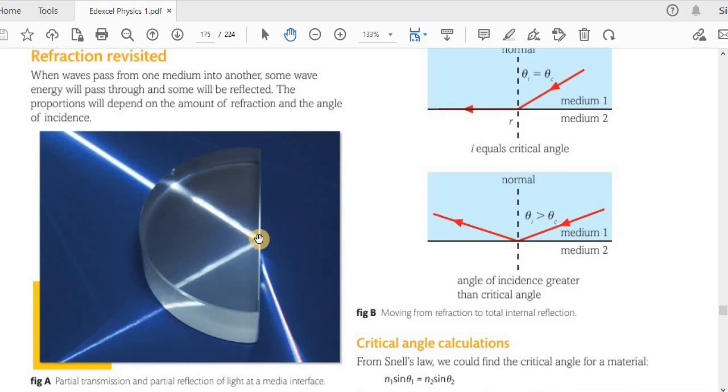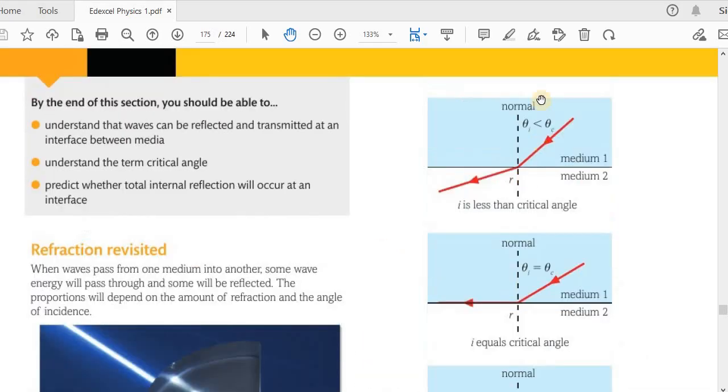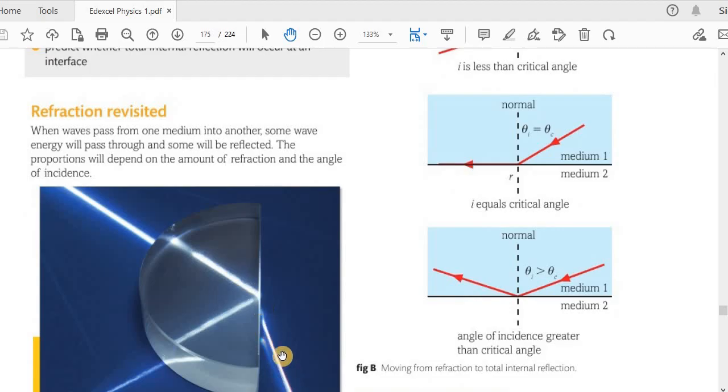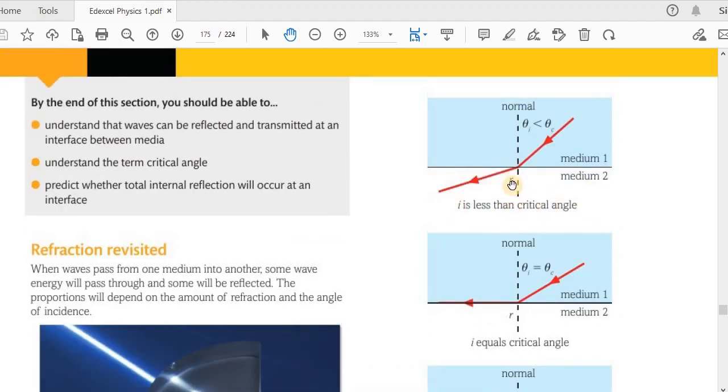Now what happens? Since the angle of incidence is less than the critical angle, that is this case, there is refraction. And by the way, when you learn refraction, you learn that when the ray of light goes from the denser medium to the rarer medium, rarer means the less dense medium, it bends away from the normal.